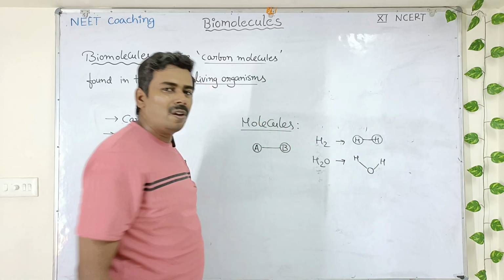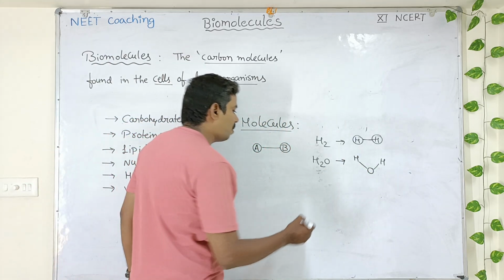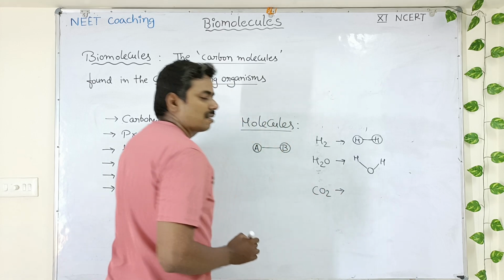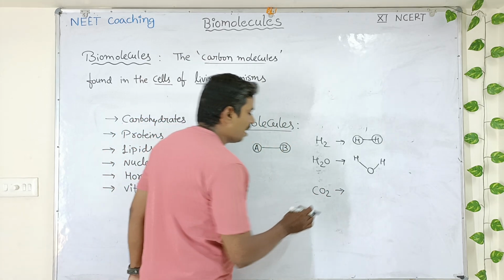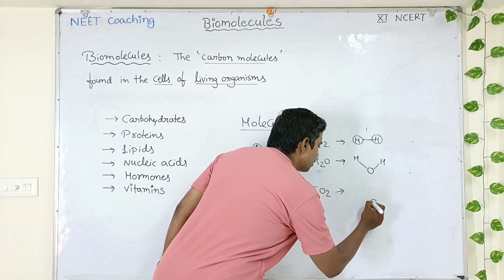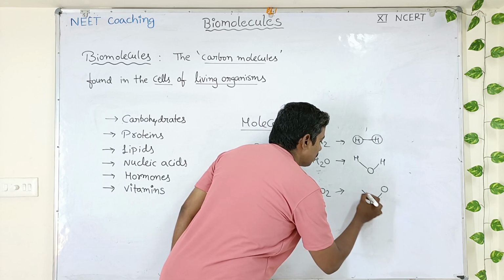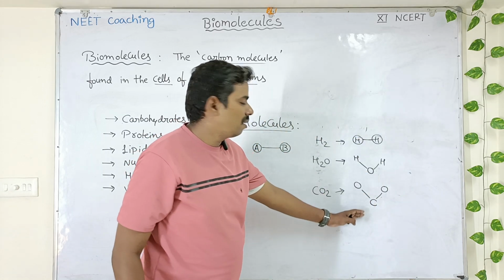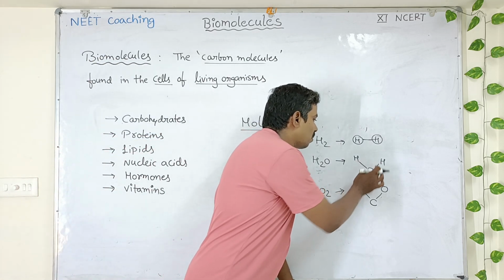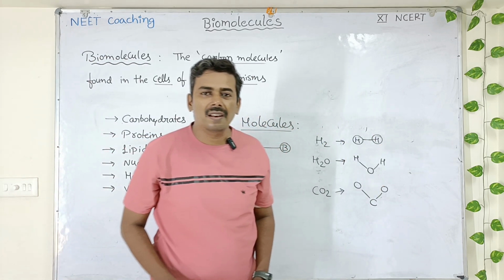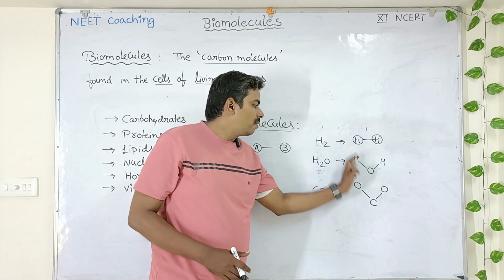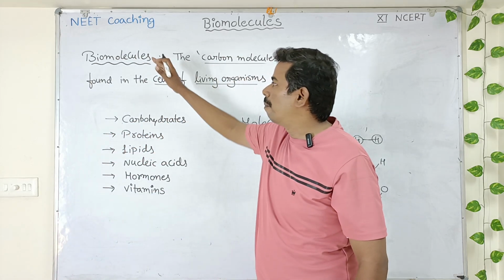Another example we will take is carbon dioxide, the gas which is exhaled from our body. Carbon dioxide has carbon and it has two oxygen atoms attached to it. So these are all molecules. Understood, students? When we break these bonds, what happens? The individual atoms will be released. So what is the difference between a normal molecule like this and our biomolecule?